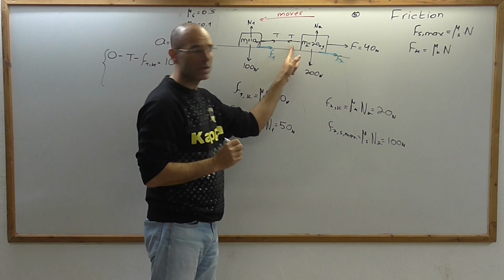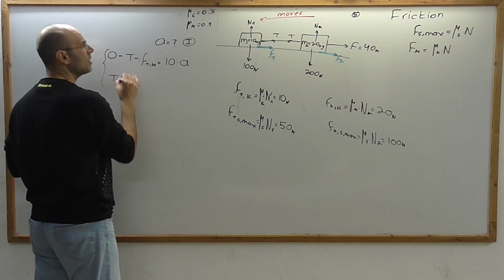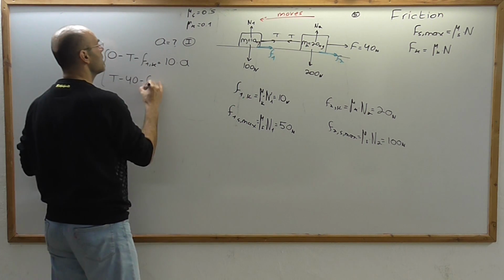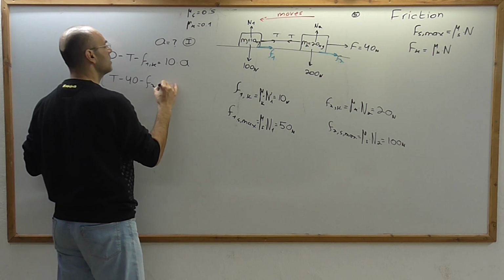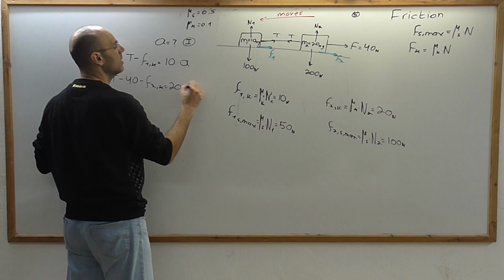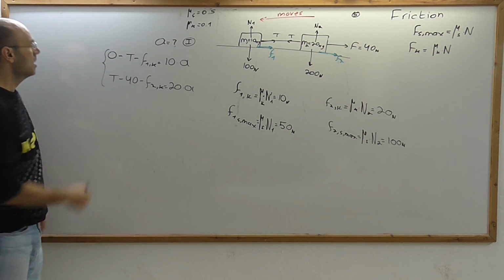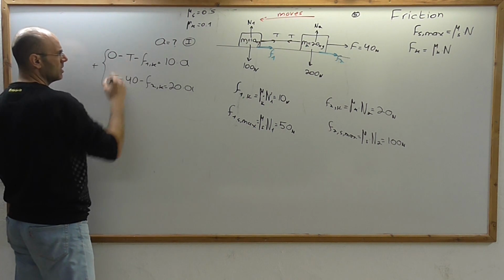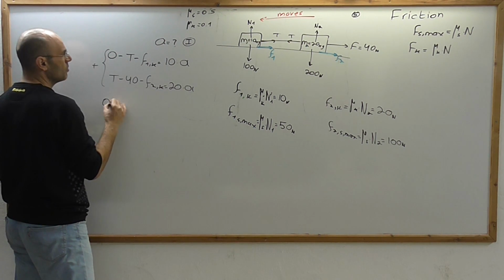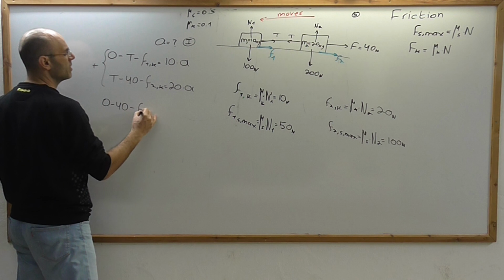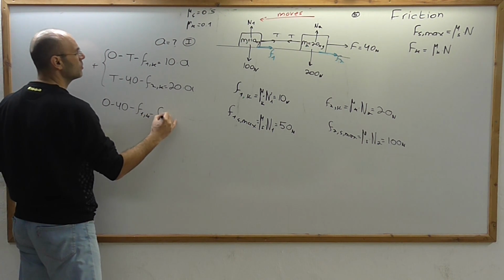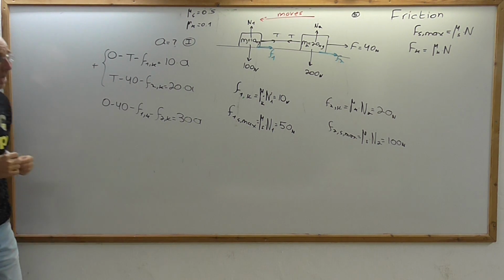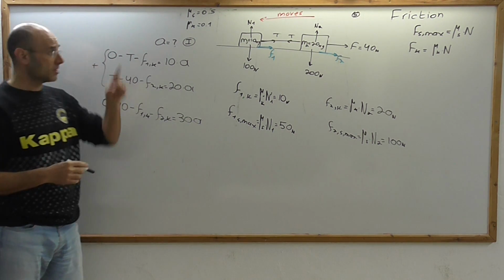Let's write forces on this one. T minus 40 minus F2 kinetic equals MA. Again, if we add them up, T and T go, we'll get 0 minus 40 minus F1 kinetic minus F2 kinetic equals 30A. And this equation I would have gotten if I looked at this system as a whole.